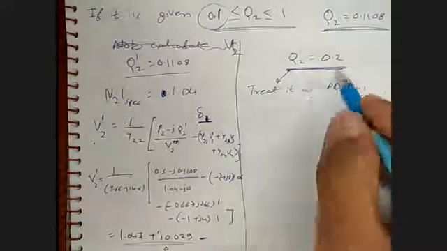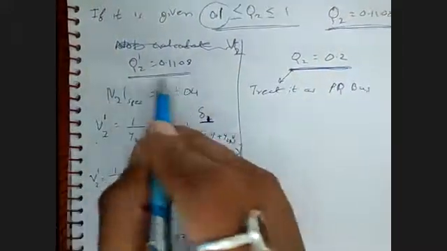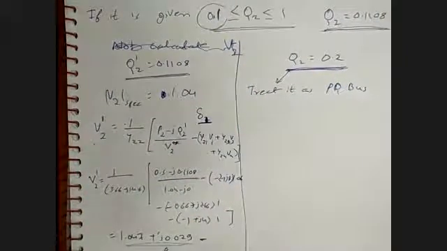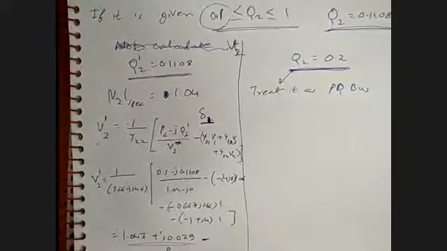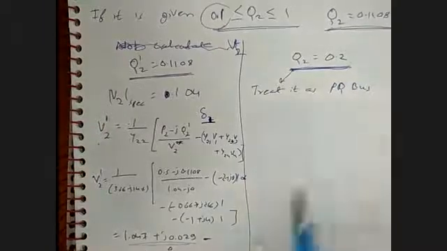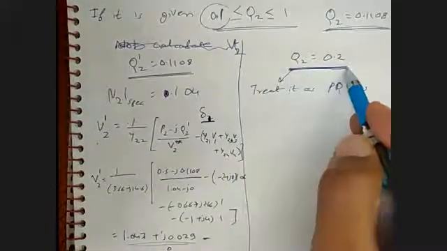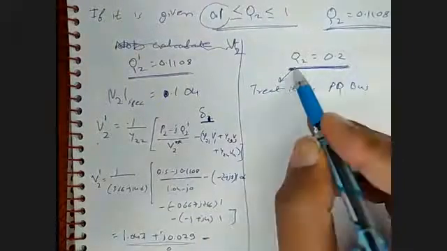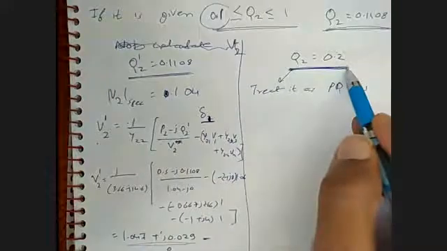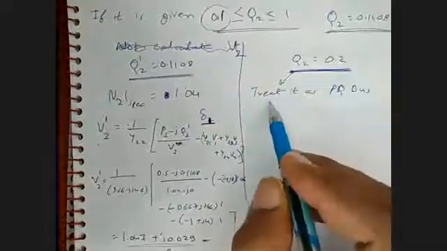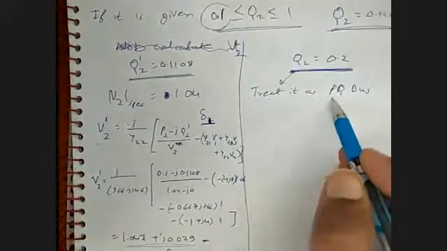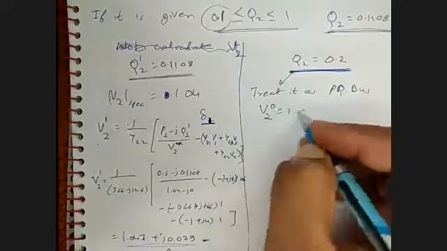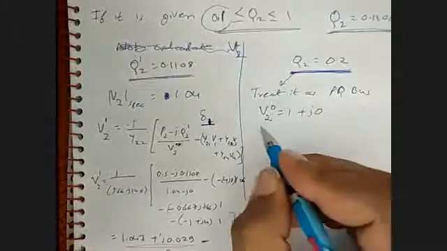If it is in the range, then we will not change and then we will calculate what is V2 and from that we will get the angle. But if it is not in the range and if it is more or less than the specified quantity, then we will set to minimum value or maximum value and then treat that bus as a PQ bus and then we will select V20 as 1.0 for that equation.